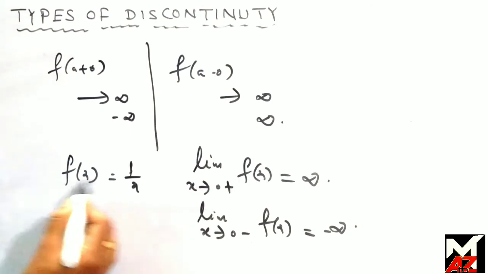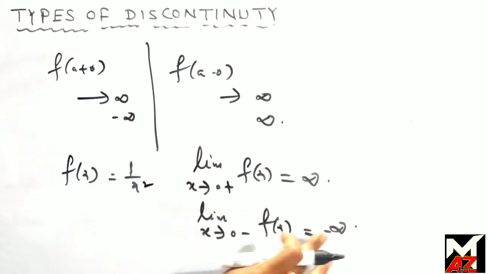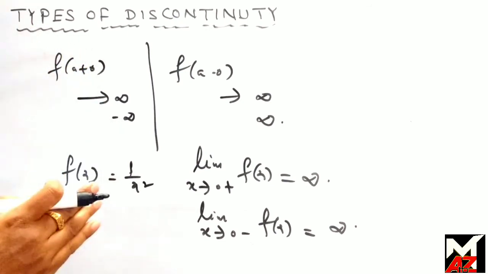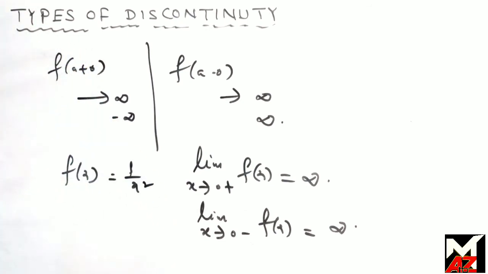Similarly, if we take f(x) equal to 1/x squared, then both the limits are infinity, so here also there is infinite discontinuity from the left and right at x equal to 0.